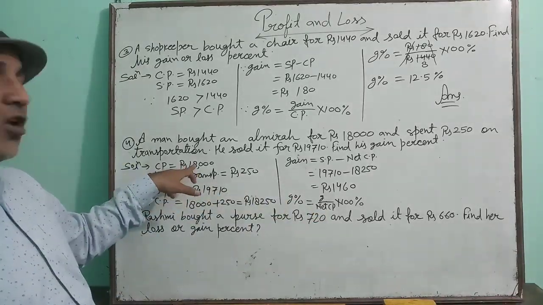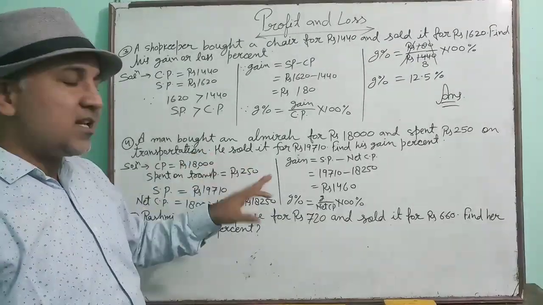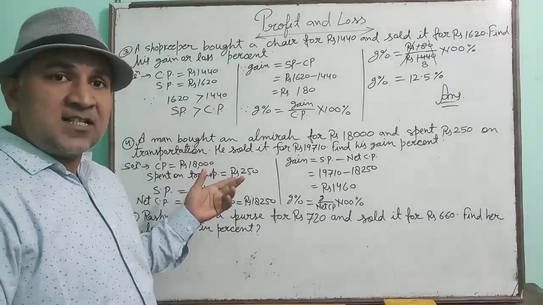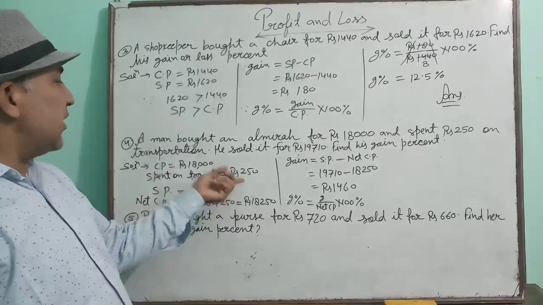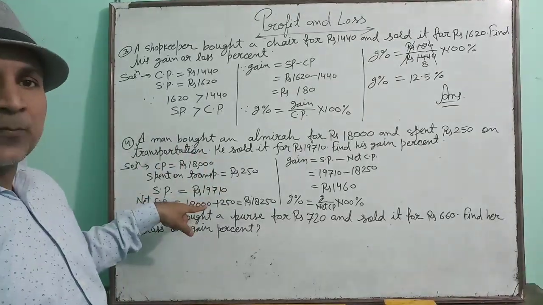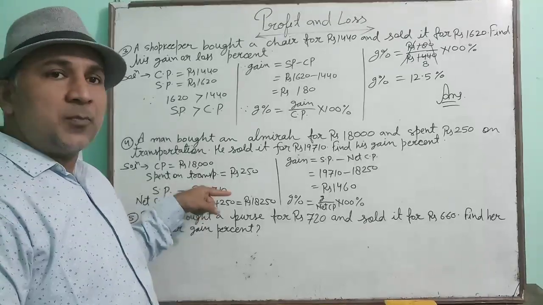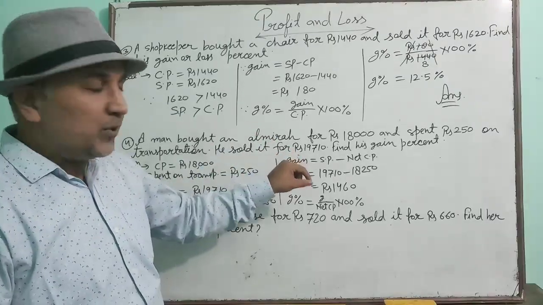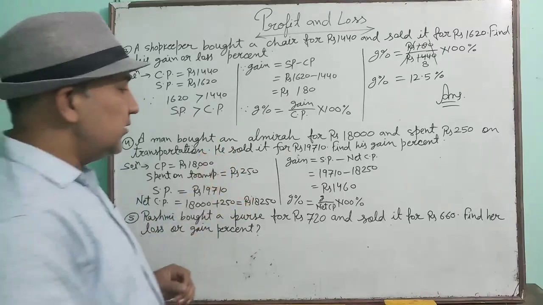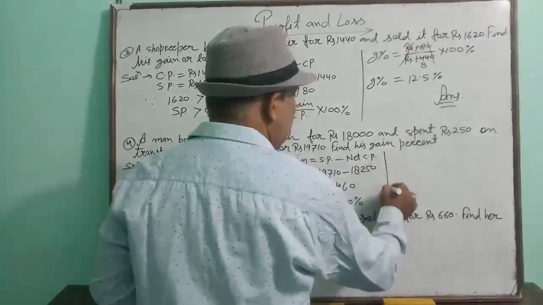If you put the cost price, then your method is wrong, your answer will be wrong. With the cost price, if something more is spent, then that spent money is added to the cost price and then we will get the net cost price, and this net cost price will be kept in the place of cost price in our formula.